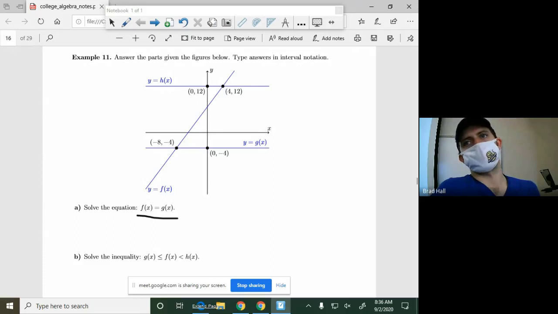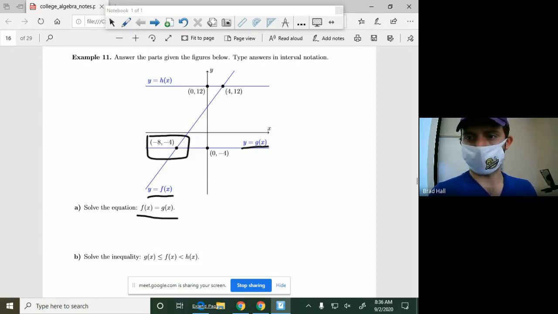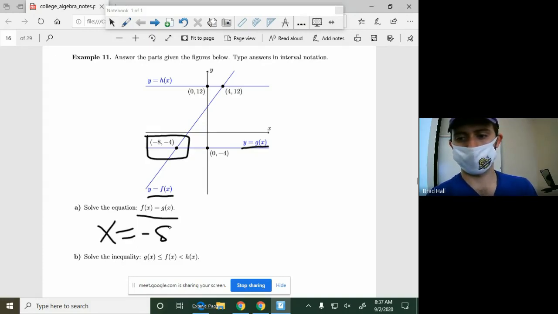Really all that means is that they intersect. All right, so which one of these lines is f? Seems to be that diagonal line. One of the lines is g. Seems to be that lower horizontal line. Where do those 2 lines intersect? Seems to be right here. And solving means get the x value. Done.